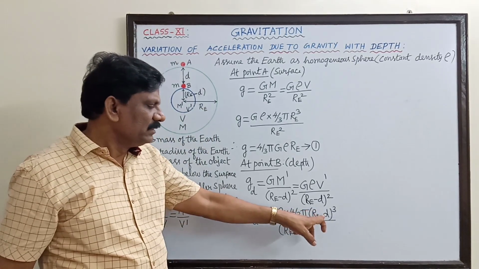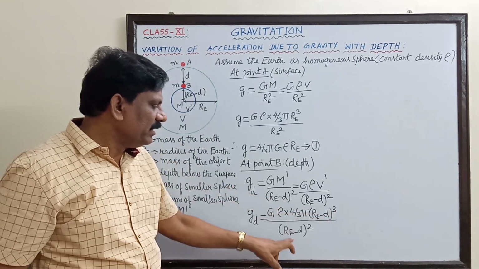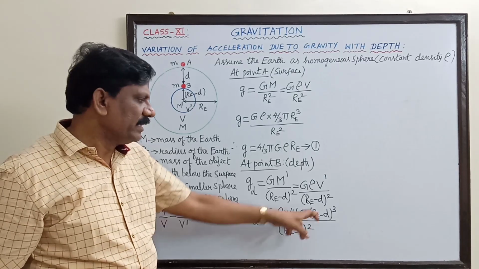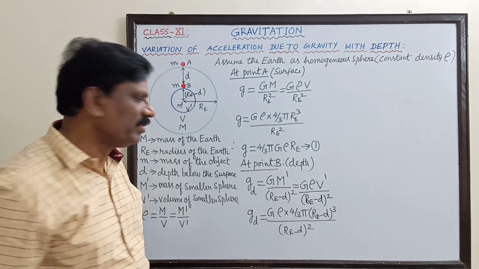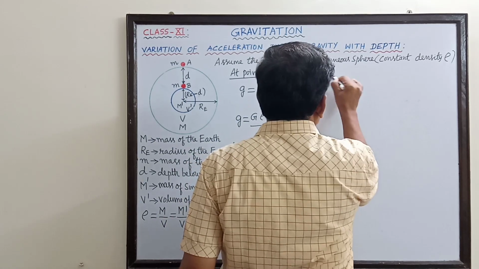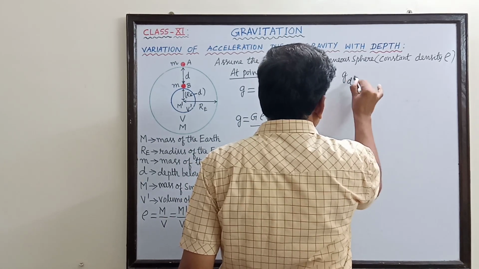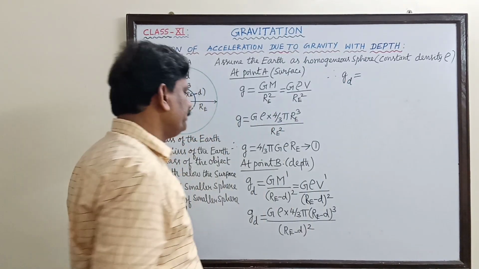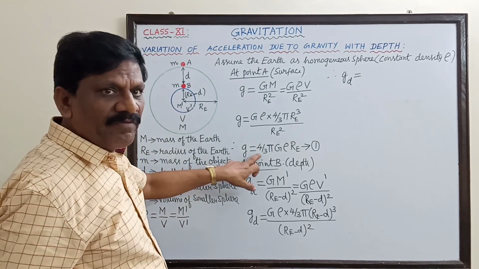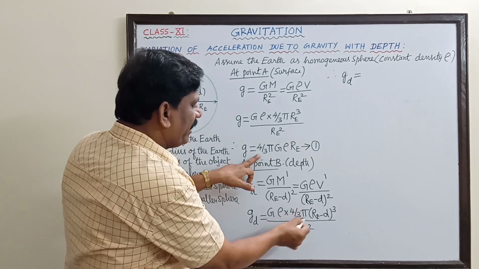Once again, this is x cube divided by x square, so the value of x will remain in the numerator. So I will write g d is equal to, in the same format, 4 by 3 pi first.